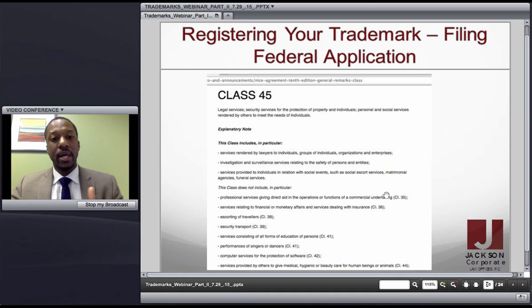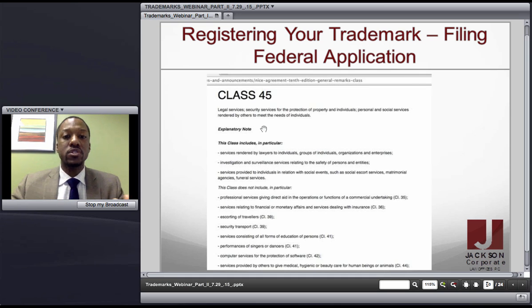They have all 45 classes on there, and they have explanatory notes. So if we scroll down to class 45, it shows that class 45 covers legal services, security services for the protection of property and individuals, and personal and social services rendered by others to meet the needs of individuals. Then it has the different examples of what the class includes.